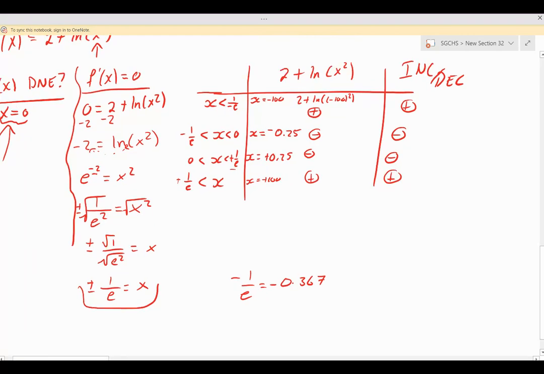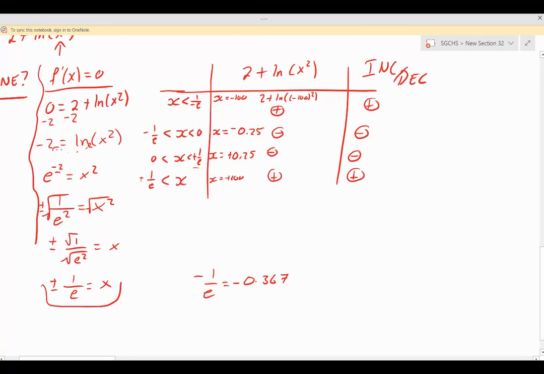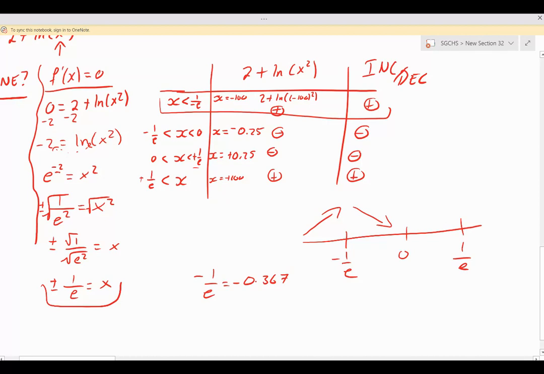So what does this all mean? Well, if we draw out a line graph here, and let's plot negative 1 over e, 0, and positive 1 over e: when your x value is less than negative 1 over e, you're increasing. When your x value is between negative 1 over e and 0, you're decreasing.